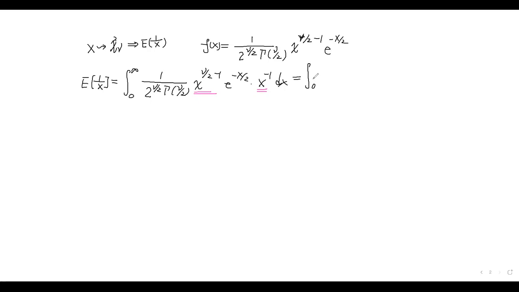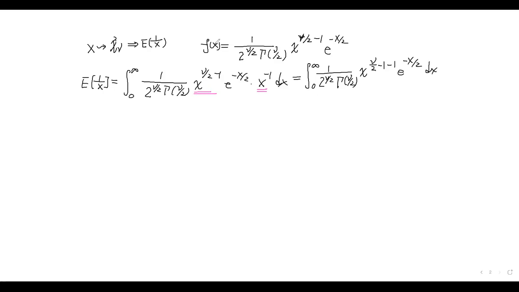Then let's start to manipulate the constants to see how we can do it. The constant is 1 over 2 to the V over 2 times gamma of V over 2. The exponent on X becomes V over 2 minus 2, so this will be V over 2 minus 1 over again, and I still have e to the negative X over 2, so nothing else changes.